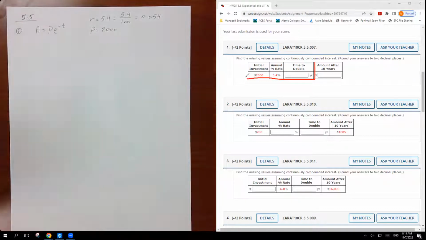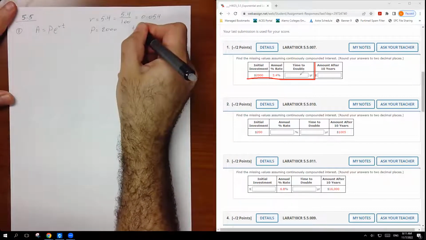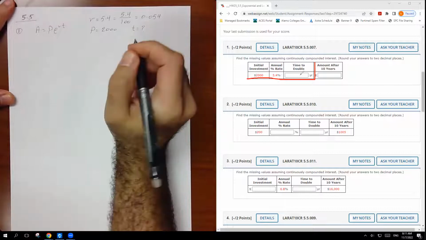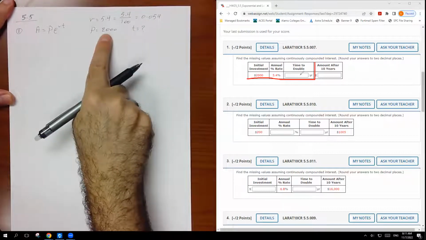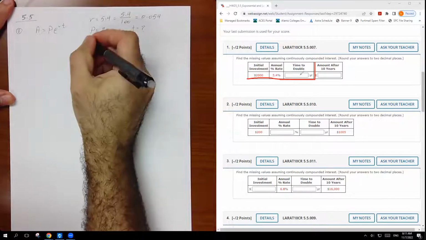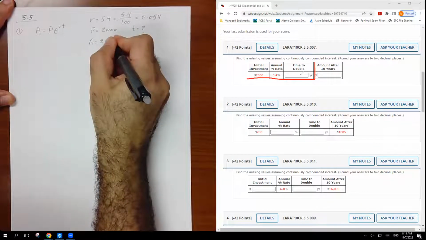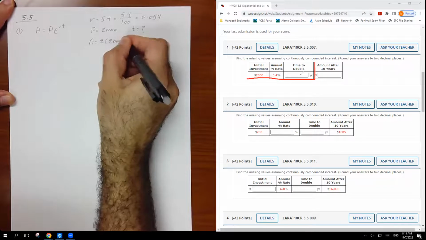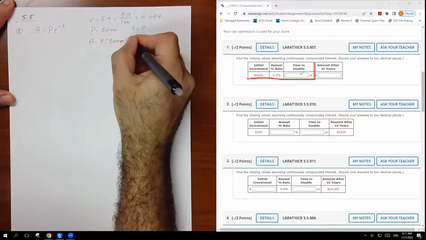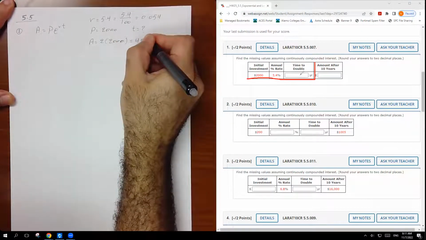And the first thing they ask you, time to double. That means they ask you to find the time. Time to double the invest. That means the future is going to be 2 times this one, which is equal to 4,000.